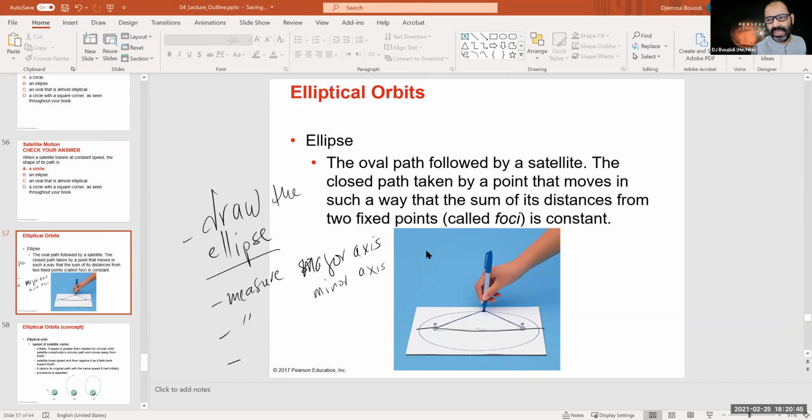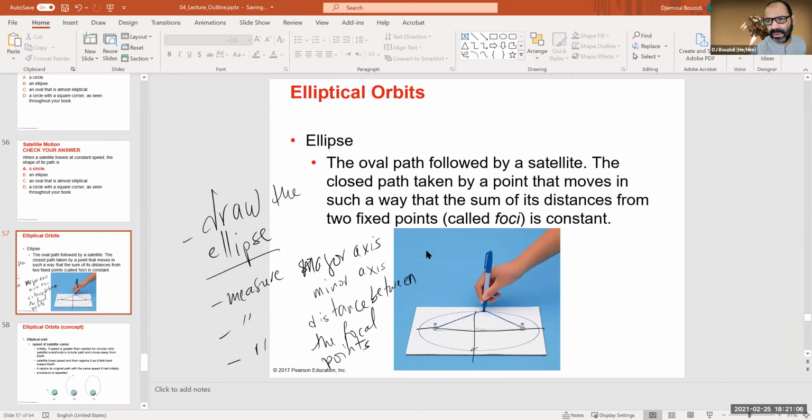So measure the minor axis, that's the third thing. And the fourth thing is measure the distance between the focal points. Okay, so the minor axis is this one.